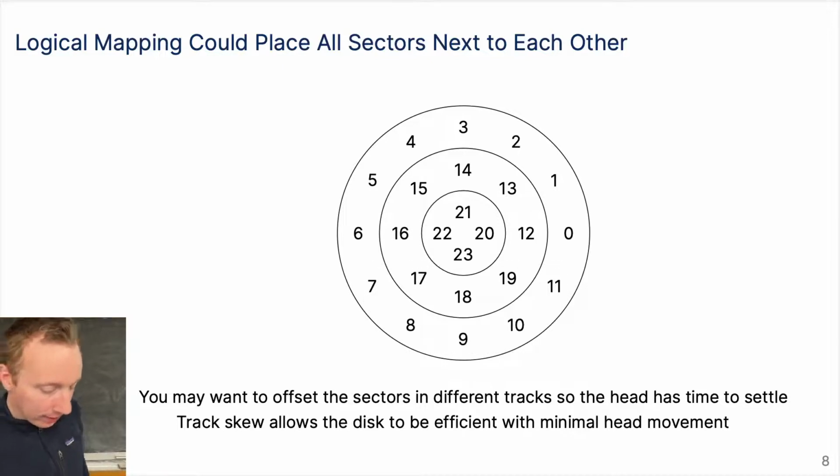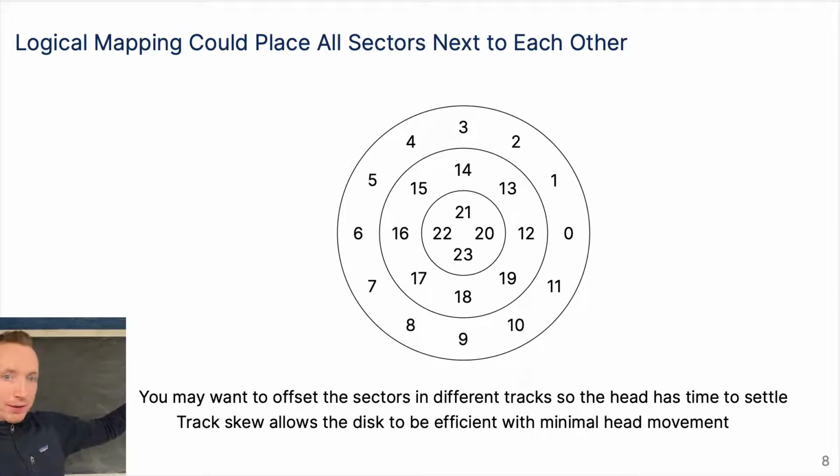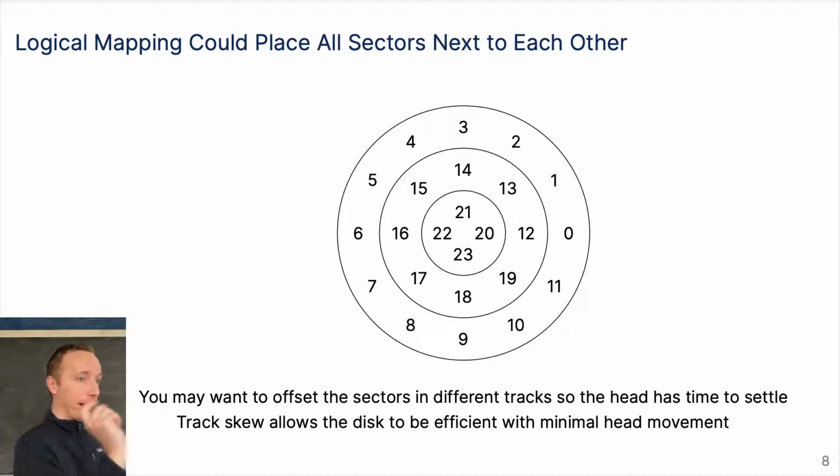And then you would want it such that when you switch from 11 to 12, that's as fast as possible. If you're designing the hard drive, you probably want to take into account the time it takes to move the head one track forward while it's rotating, so everything lines up and you get access as quick as possible.